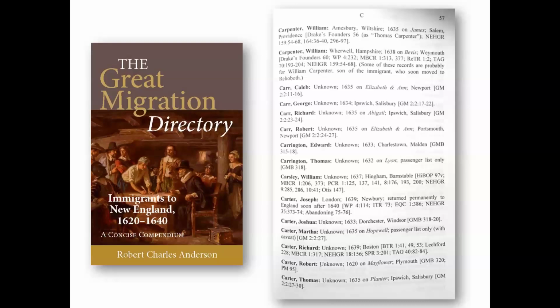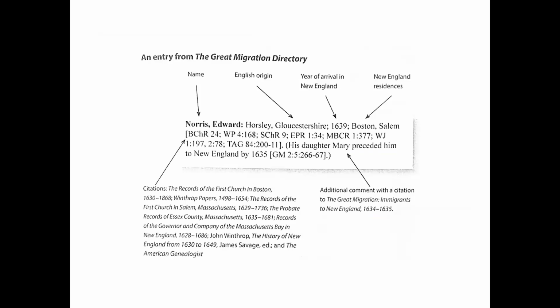So this is a great interim volume for that 1636 to 1640 period. And here you can see a sample of that for Edward Norris, again telling us his English origins, his year of arrival, where he was, and then the resources that were used to compile that, including some original records as well.